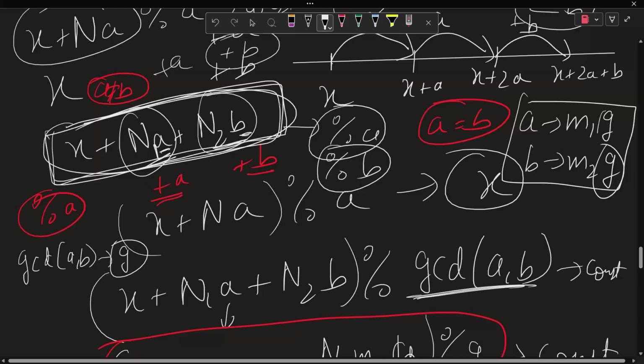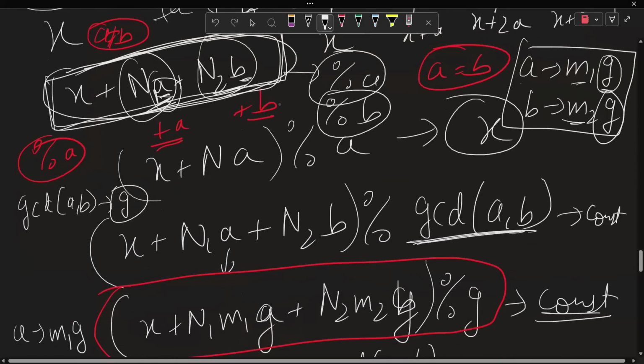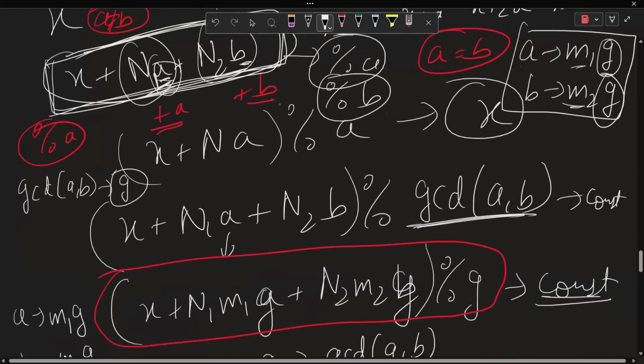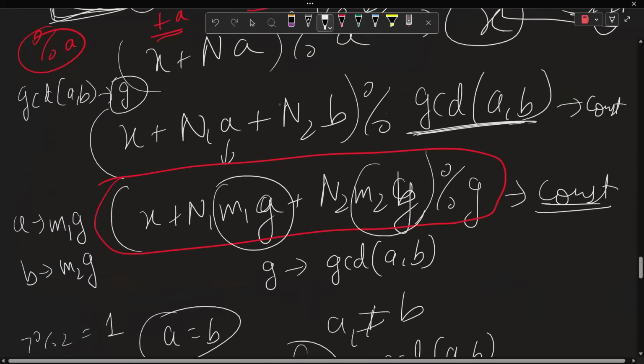So both A and B are multiples of G, and they are some different multiples of G. If I write A as some multiple of G and B as some multiple of G, this thing got reduced to this. I replaced A with this and B with this.